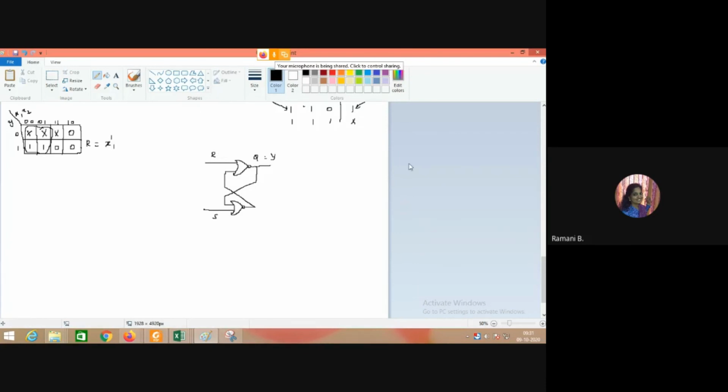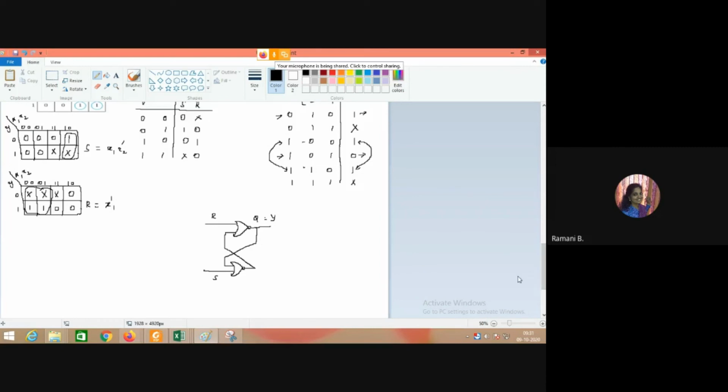This value is X1 bar, this is X2 bar, this is X1, and for R we have X1 bar.